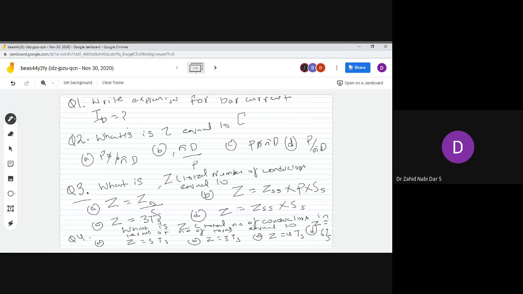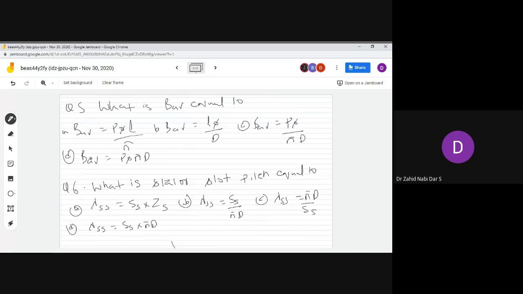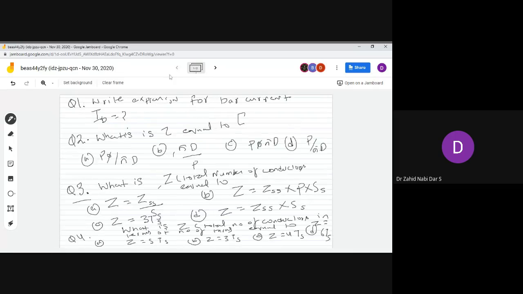Again, you see this. What is tau equal to? What is Z, the total number of conductors, equal to? What is Z total in terms of number of turns equal to? And then you have this, what is BAV equal to? What is stator slot pitch equal to? So these are my questions. Again, you just have a look, all of you. So you answer it.